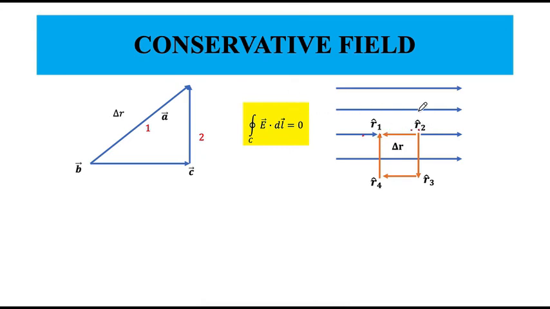And the third and very important observation is that if you move in a closed path, you start from a point, move around and come back to the same point, the potential difference will be 0. In terms of the line integral, the closed line integral will be 0. So any such field that satisfies this criterion is called conservative.